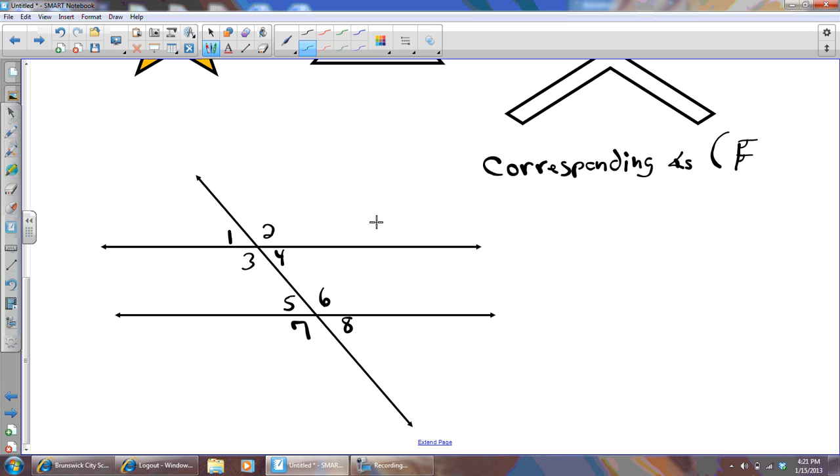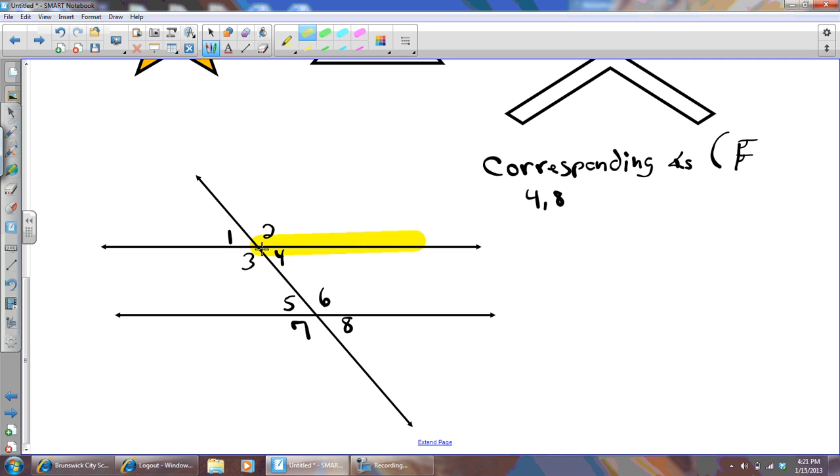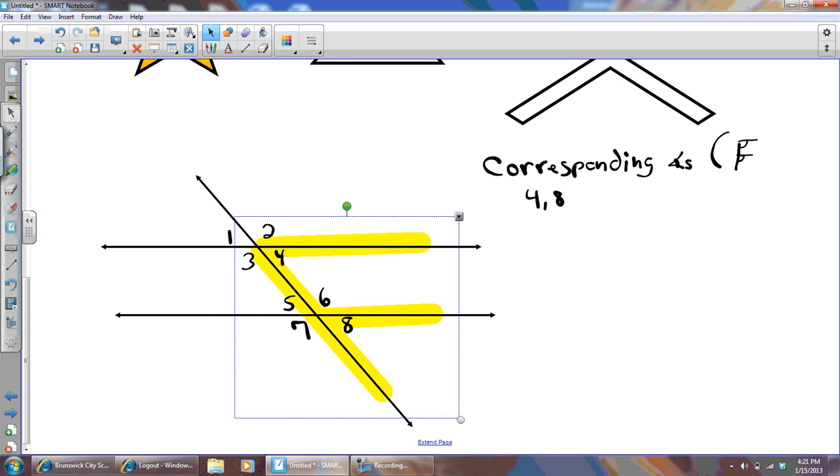So the corresponding angles in this problem, well, 4 and 8 are corresponding angles. Do you see the F? Let's see if I can highlight the F for you. There it is, 1, 2, and 3. Are those all connected to each other? Yes, they are. I like it.